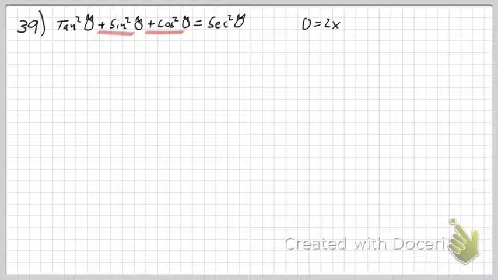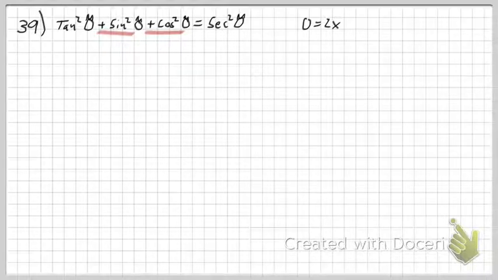It doesn't matter. It's just a common input value. Now, what would be complicated is if the input value were different, like one had a 2x and one just had an x, and maybe one had a 3x as an input argument. Okay, then things are rough.